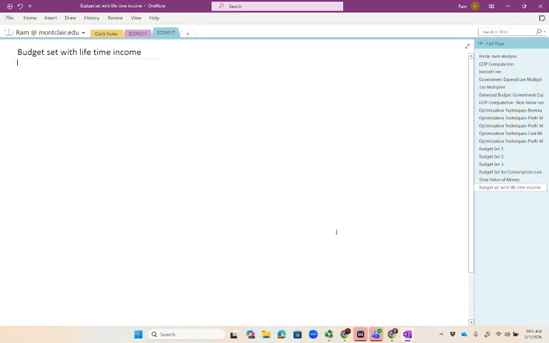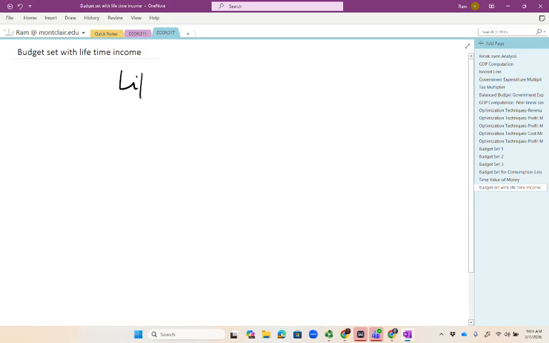So here we are interested in a budget set which a typical worker will face over the lifetime, and we will divide the entire lifetime into two groups.